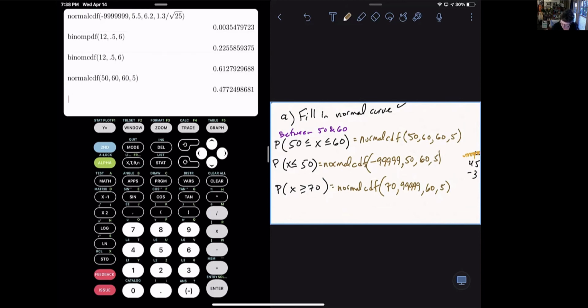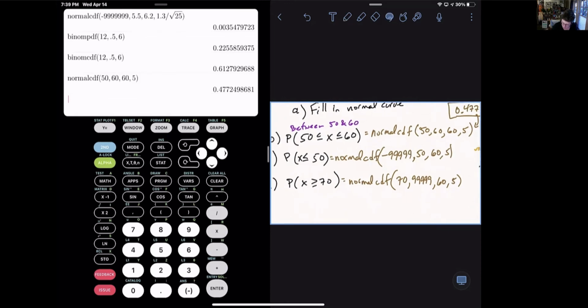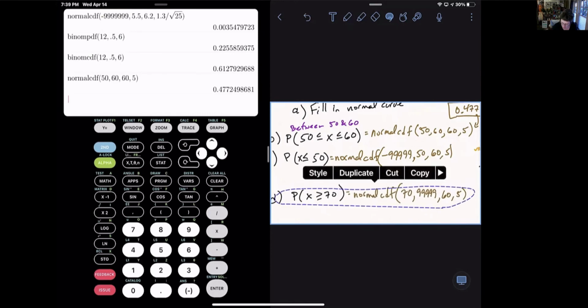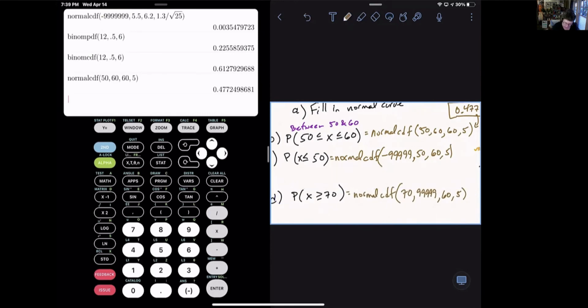Press enter, and we have 0.477, which makes sense because remember the empirical rule, everything left or right of the middle is 50%, and we have almost that. So 47.7% seems about right. Okay, always do a gut check to make sure the answers you got seem reasonable. Well, let's do the next one.